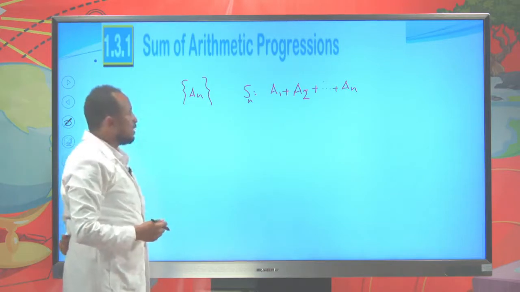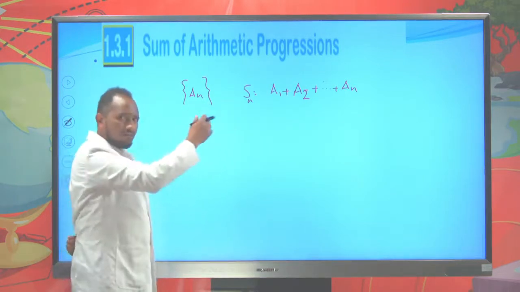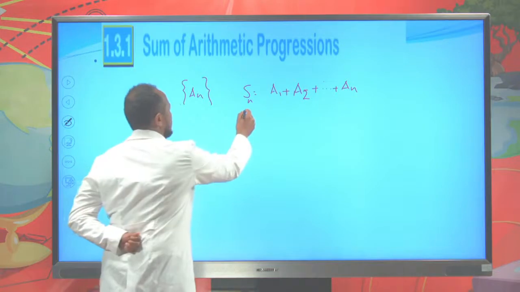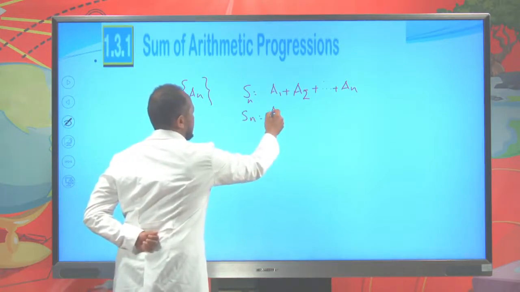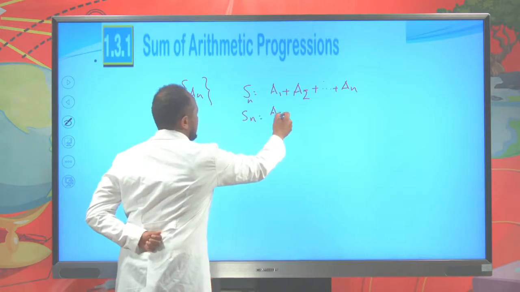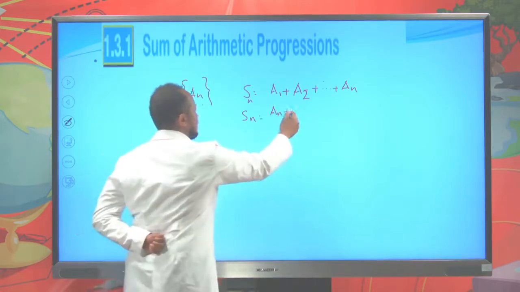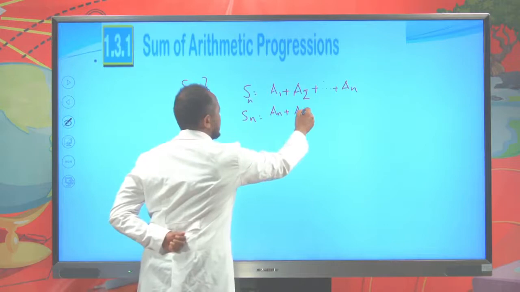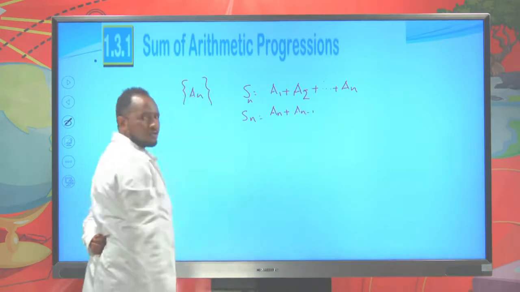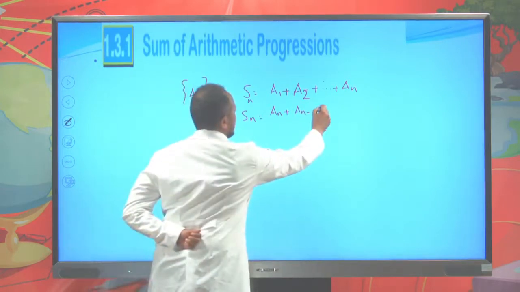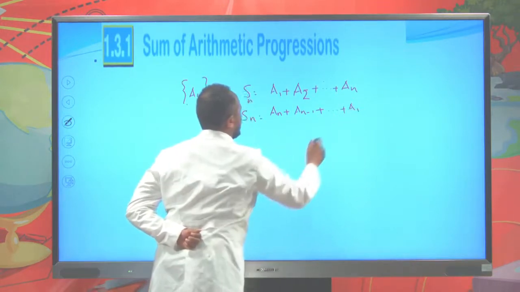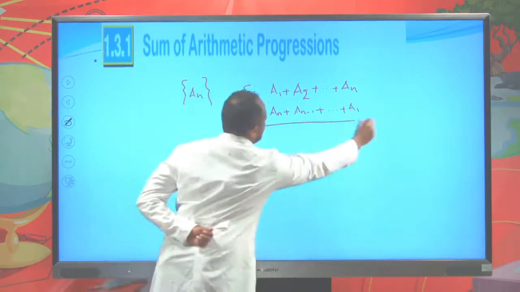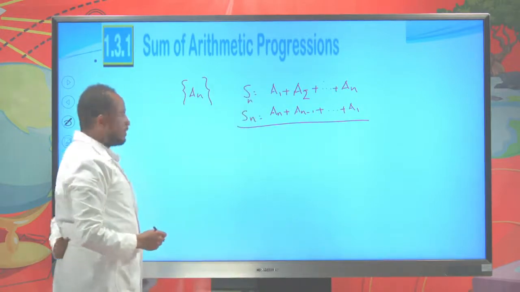To develop the formula, let's add it in reverse order too. So Sn equals, starting from the nth term, an plus the next term an minus 1, and so on, plus the first term.